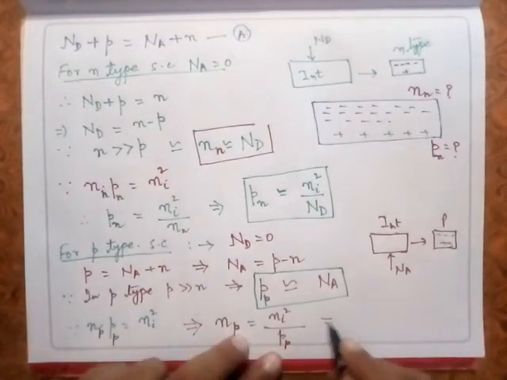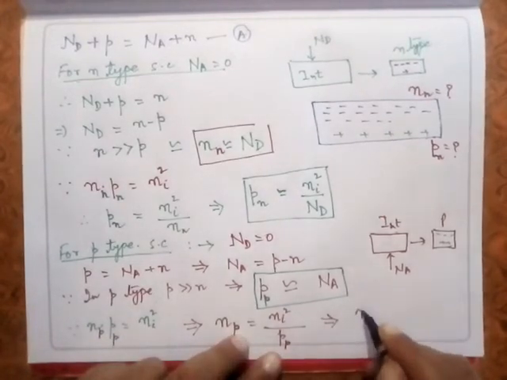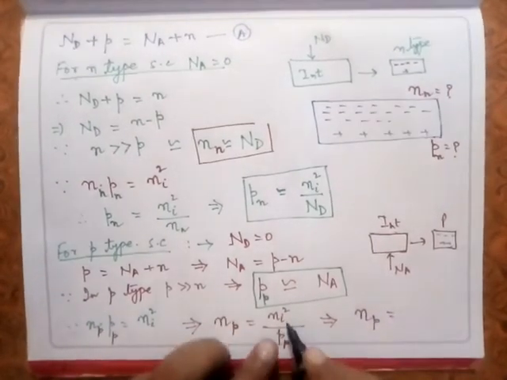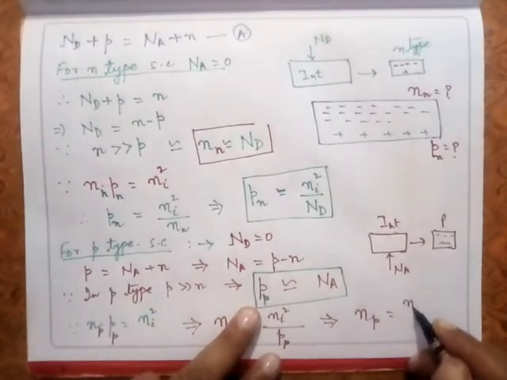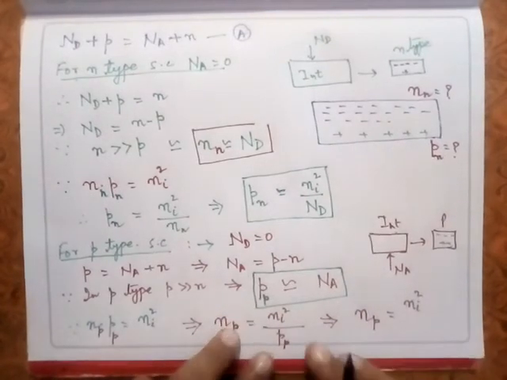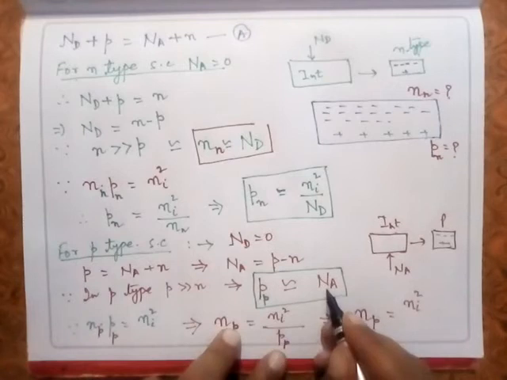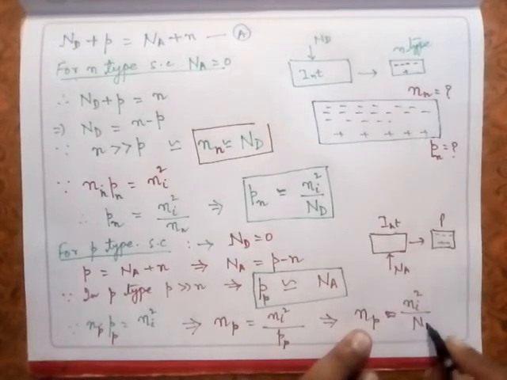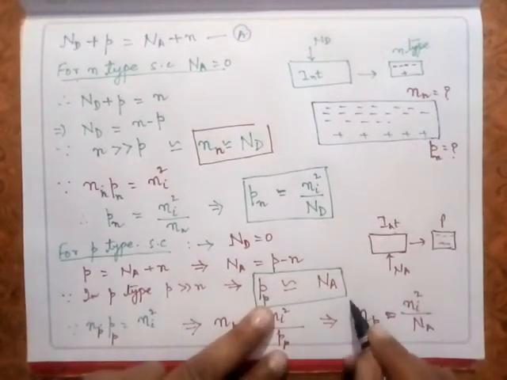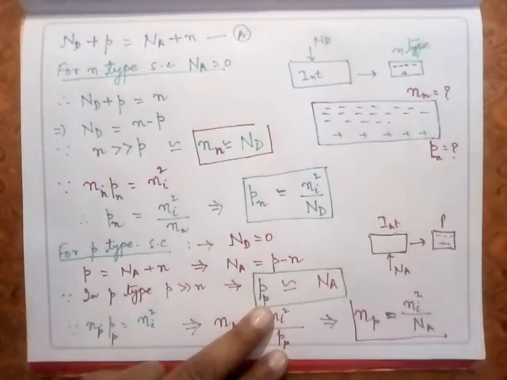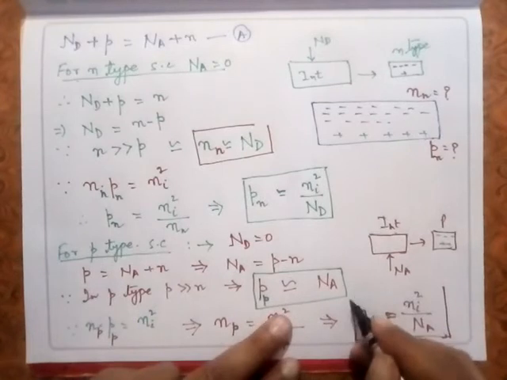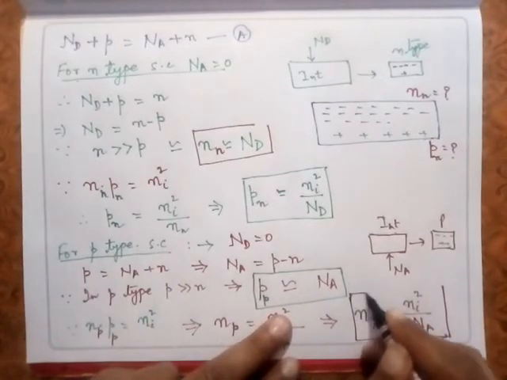And from here I can say that the number of electrons in p-type semiconductor is equal to ni squared upon the holes in p-type, which is equal to the acceptor concentration. Of course all are approximations, approximately equal to ni squared upon Na. That is, I am neglecting the minority charges as compared to majority, although they exist.